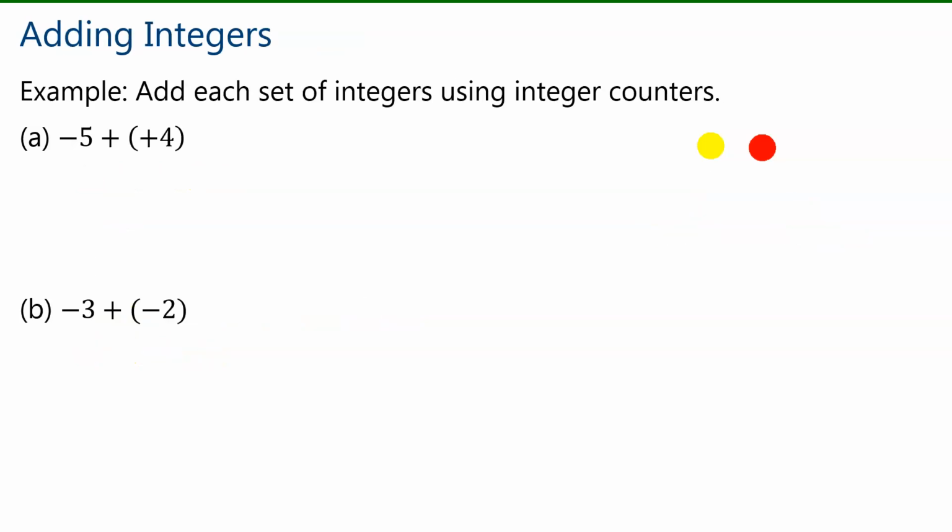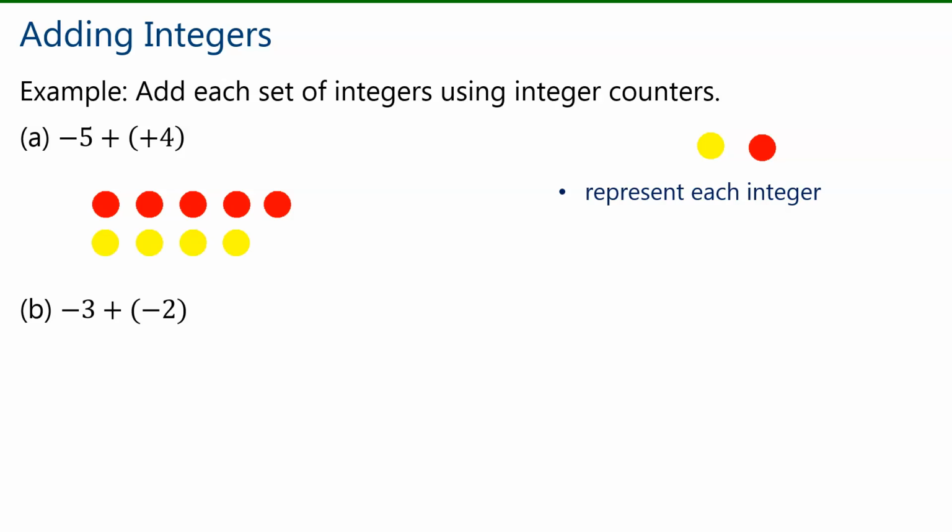So now let's look at adding integers. It says we have to add each set of integers using integer counters. So let's follow these steps. Step 1 is to represent each integer. So -5 is represented with 5 red counters, and +4 would be 4 yellow counters.